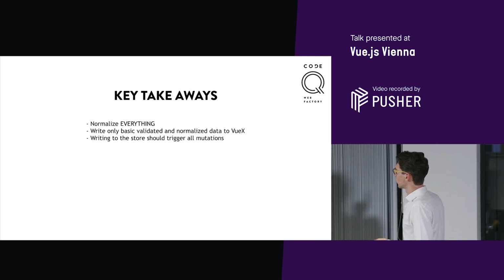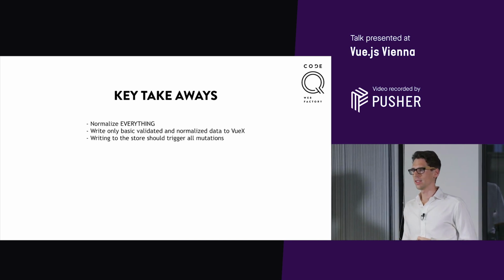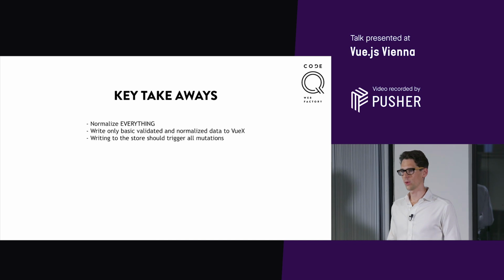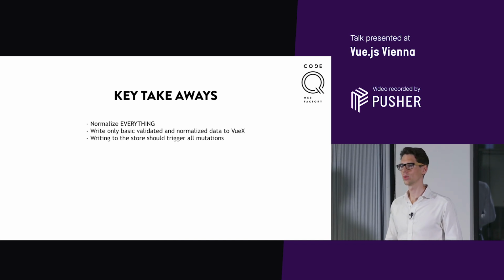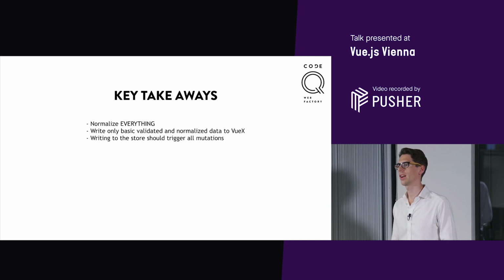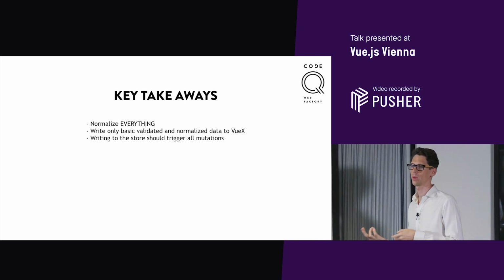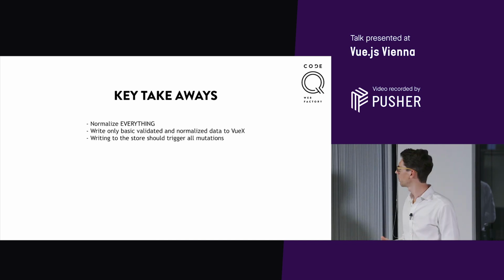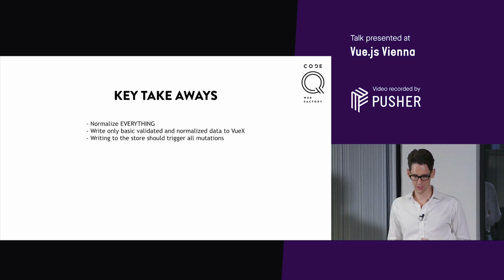Key takeaways: normalize everything you get into your application at first and on user input, and then your life becomes way easier because you never have to care about, hey, am I getting the right type, because you just know what to expect.